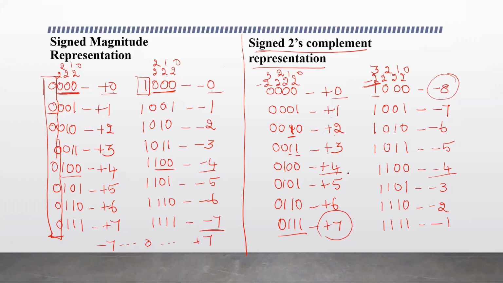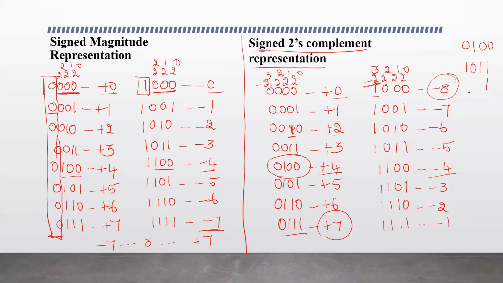You can also note that if you take the 2's complement of plus 4, what will you get? The number is 0 1 0 0. Tell me the 1's complement of this number. 1 0 1 1. Correct, 1 0 1 1.